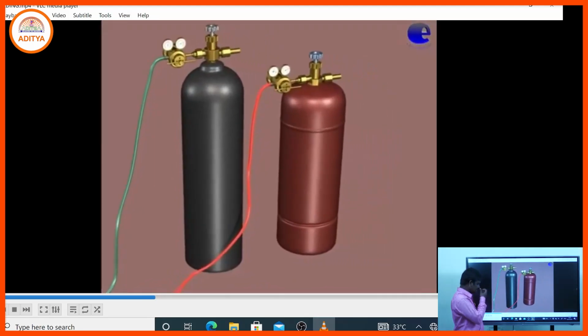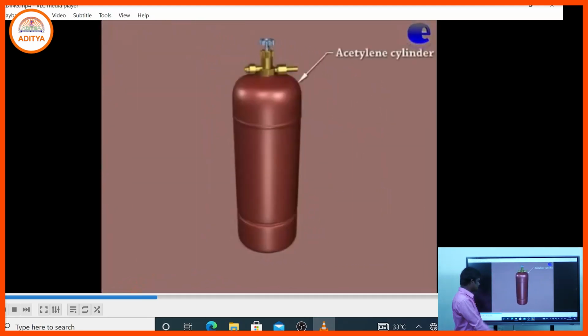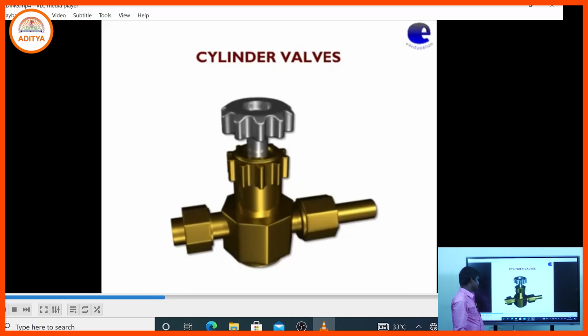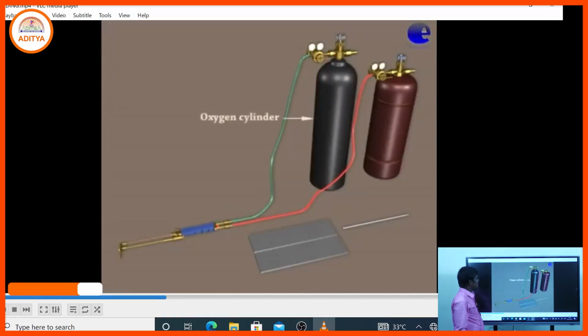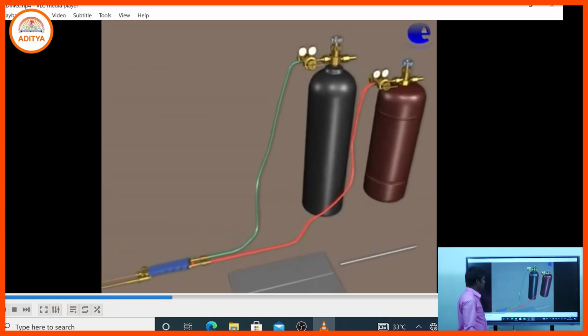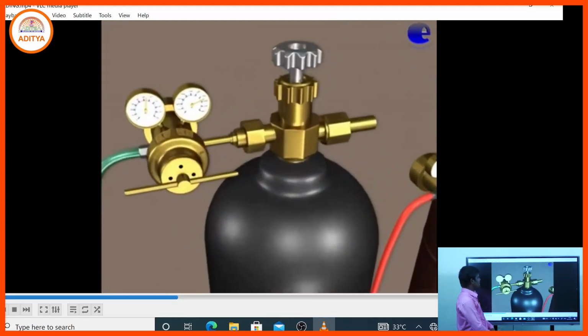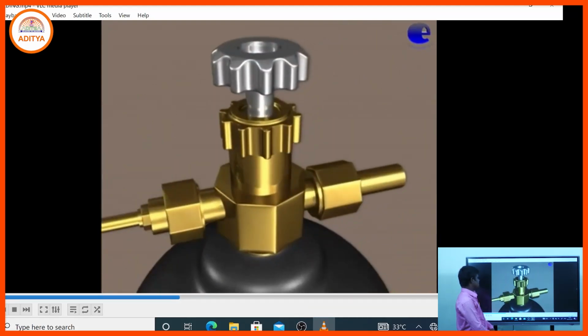In the case of the acetylene cylinder, the main color is maroon. There are the cylinder valves, on the oxygen cylinder and the acetylene cylinder. Using these valves we control the acetylene and oxygen gas.